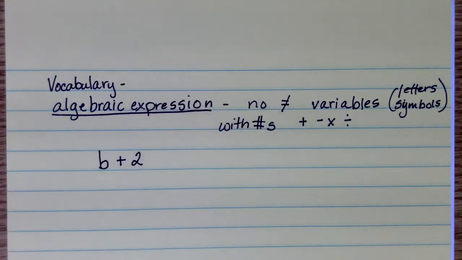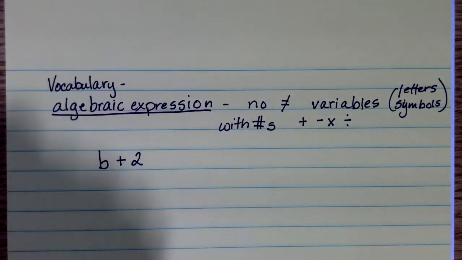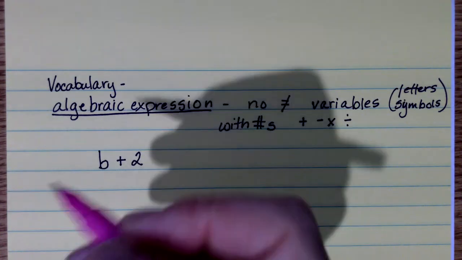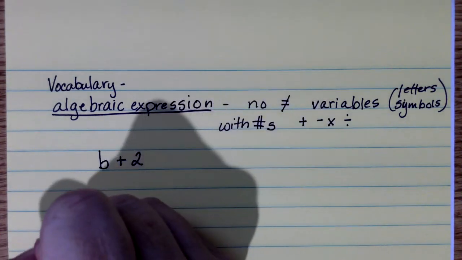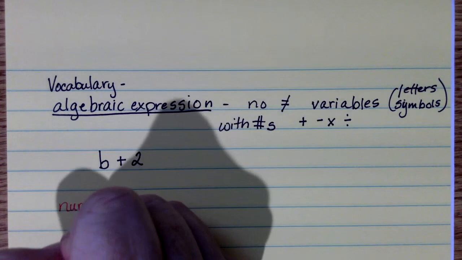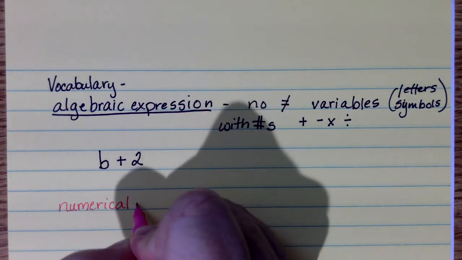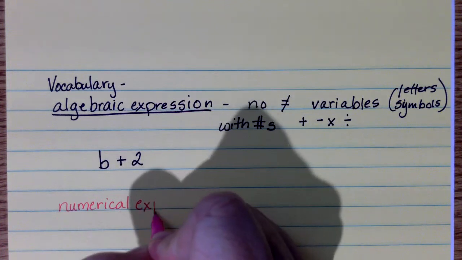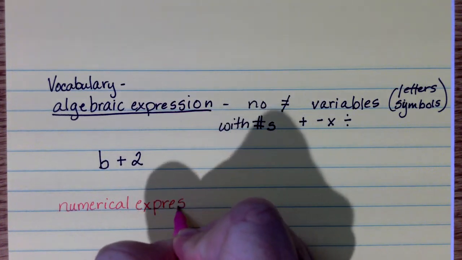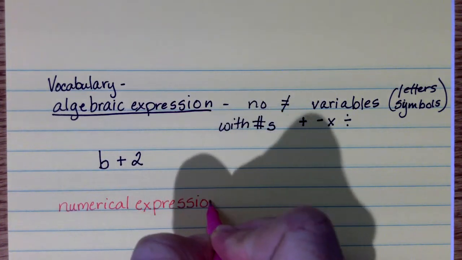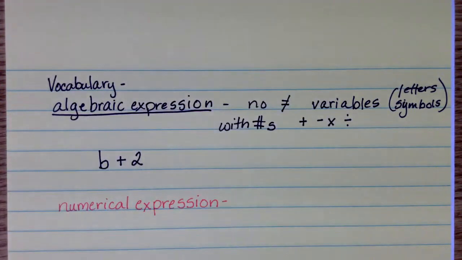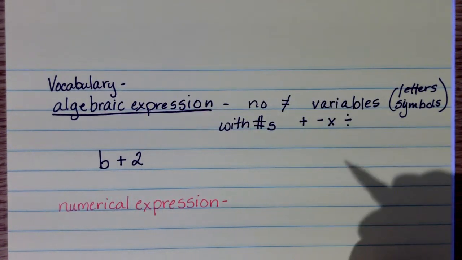A numerical expression is your next vocabulary word. Numerical expression. And we know that expressions do not have an equal sign, equations do. So a numerical expression is just exactly what it sounds like. It's numbers being added, subtracted, multiplied, or divided with no equal sign.